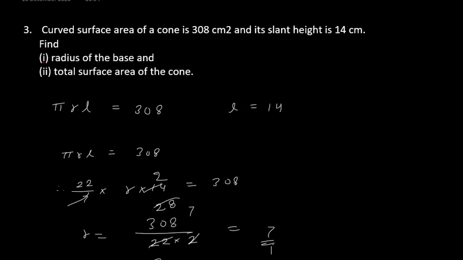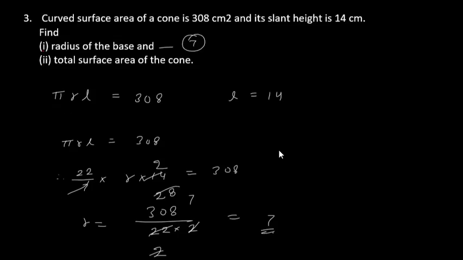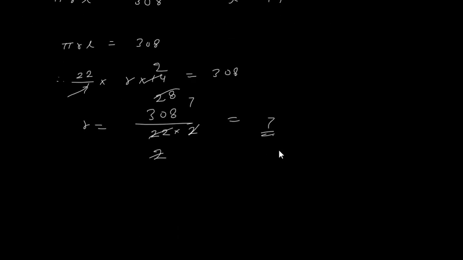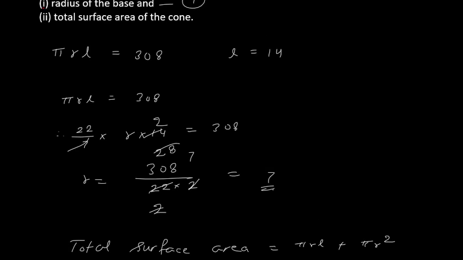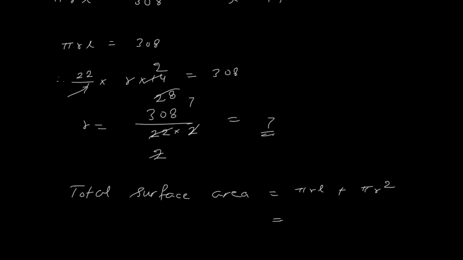Now we got the radius of the base, which is 7. Then total surface area of the cone. Total surface area is curved surface area plus flat surface area. Now here I am not using pi r in bracket L plus r. One reason for that is that the value of pi r L 308 already I know.